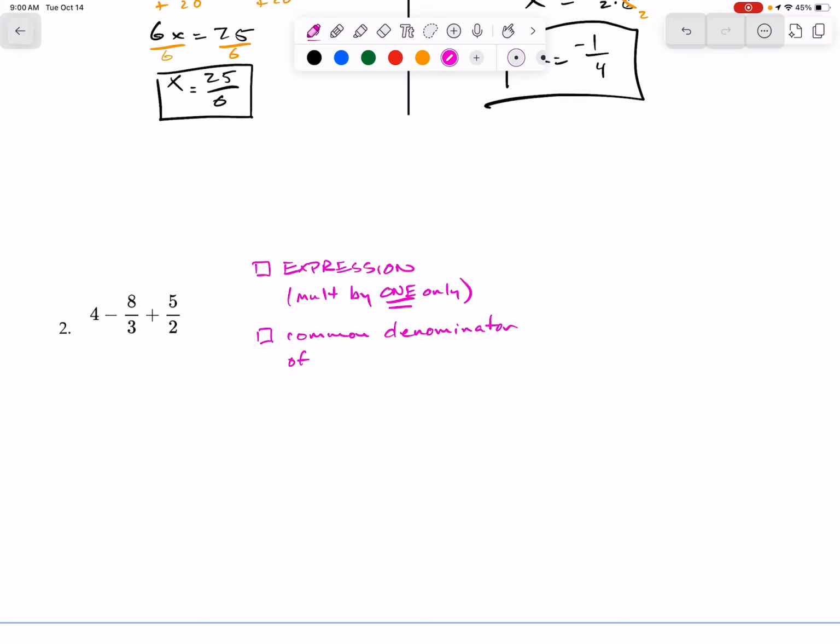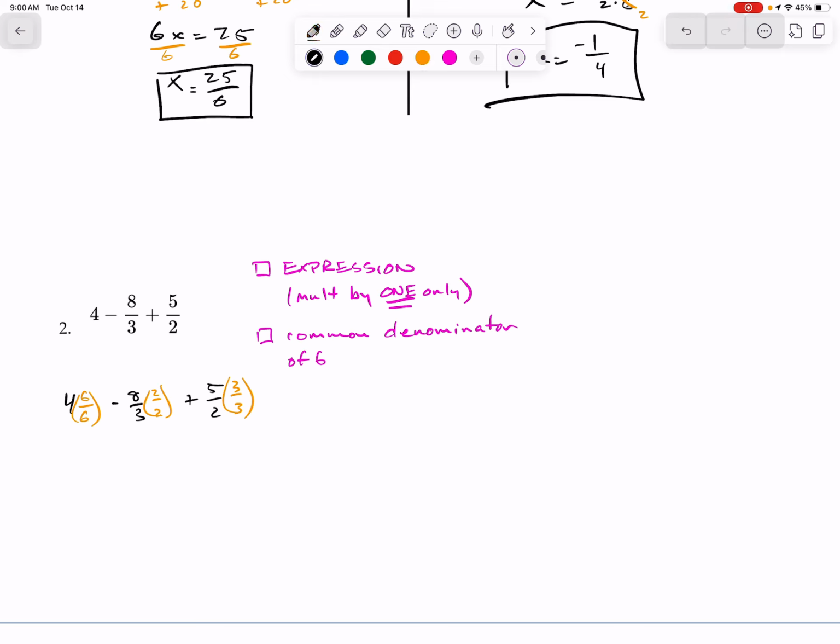Common denominator of 6. So let's rewrite it, give ourselves some space. 4 minus 8 over 3 plus 5 over 2. Our common denominator is 6, so we're going to do 6 over 6 there, 2 over 2 here, and 3 over 3 here.